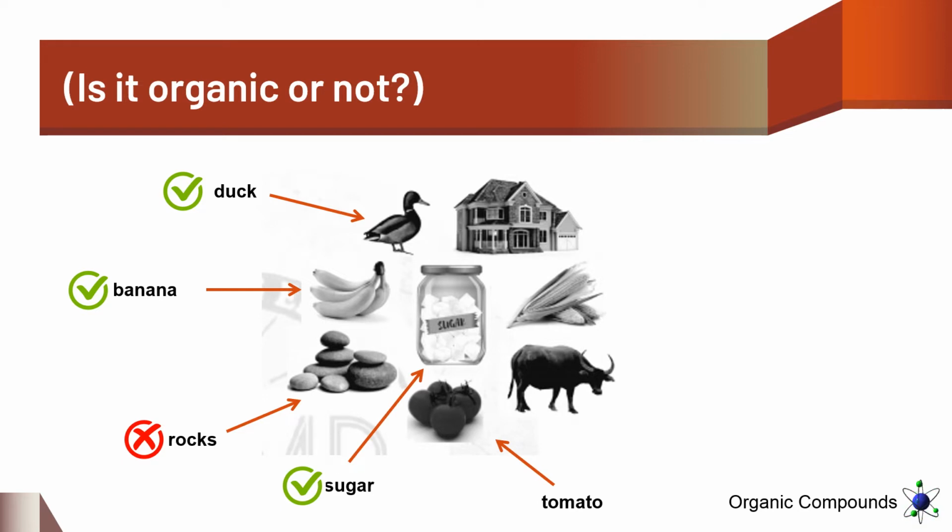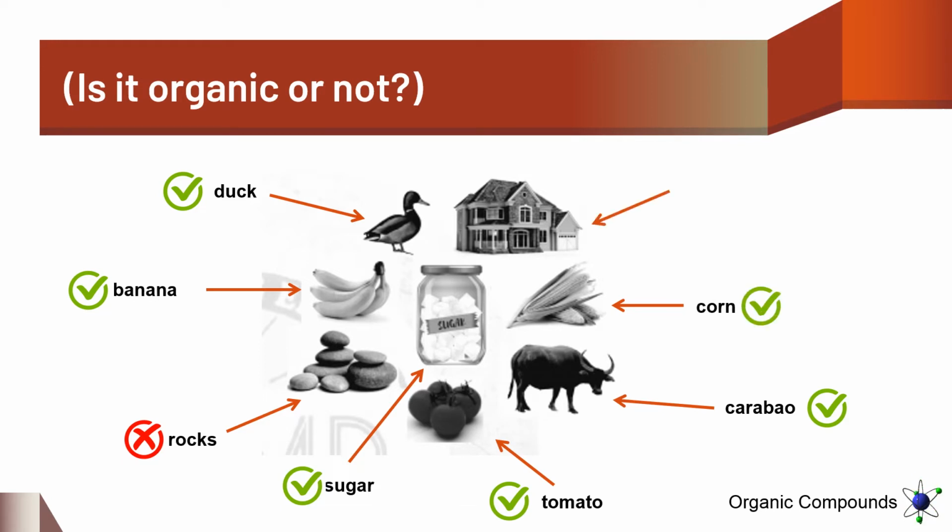How about this one? These are tomatoes, and we can classify it as organic. We also have here a carabao, and it is also an example of organic compound. How about this one? This is a corn. It is also organic. And how about this house? This is not organic.